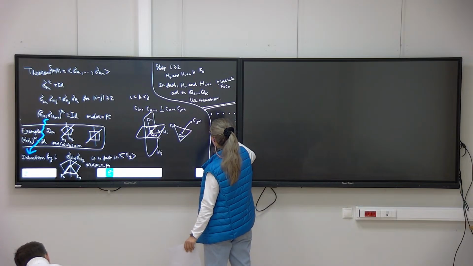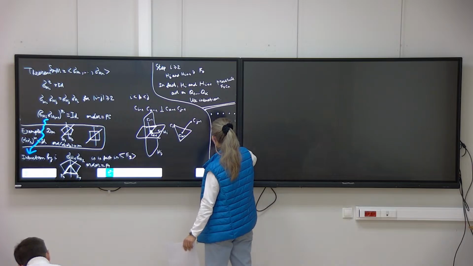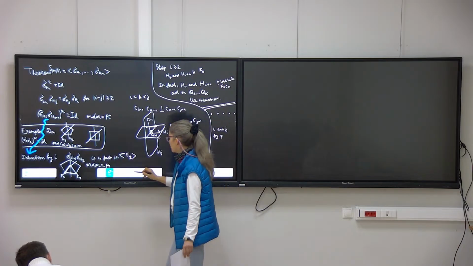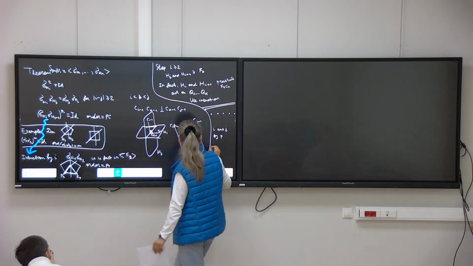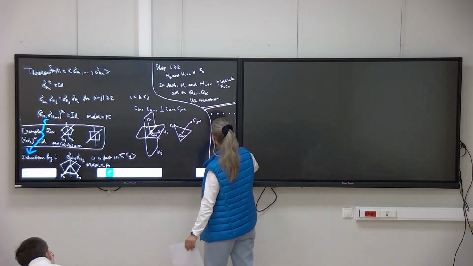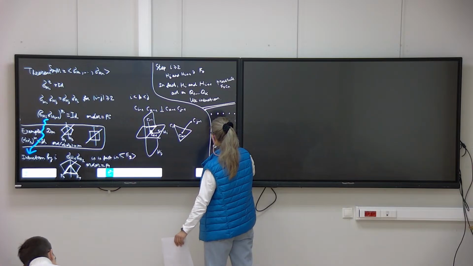And suppose that we join i and j by order of (sigma Hi, sigma Hj) minus 2 edges.